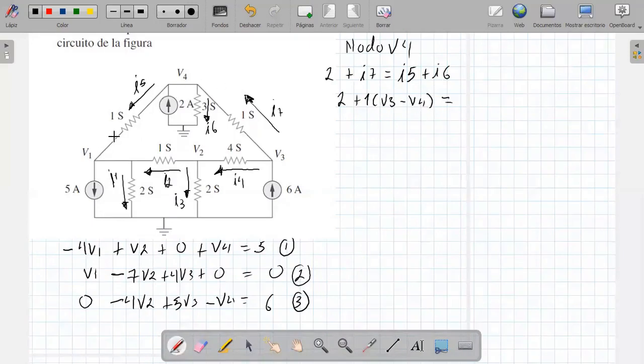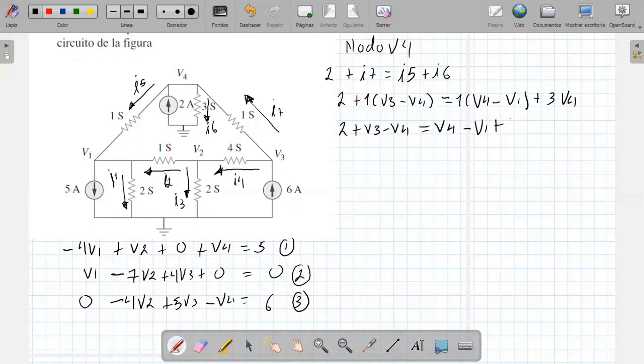It's going to be equal to the current 5, the 5 that comes over here, V4 minus V1, and the current 6, then the fourth, V4 times 3. So this is going to have V4 minus V1 plus 3 times V4.